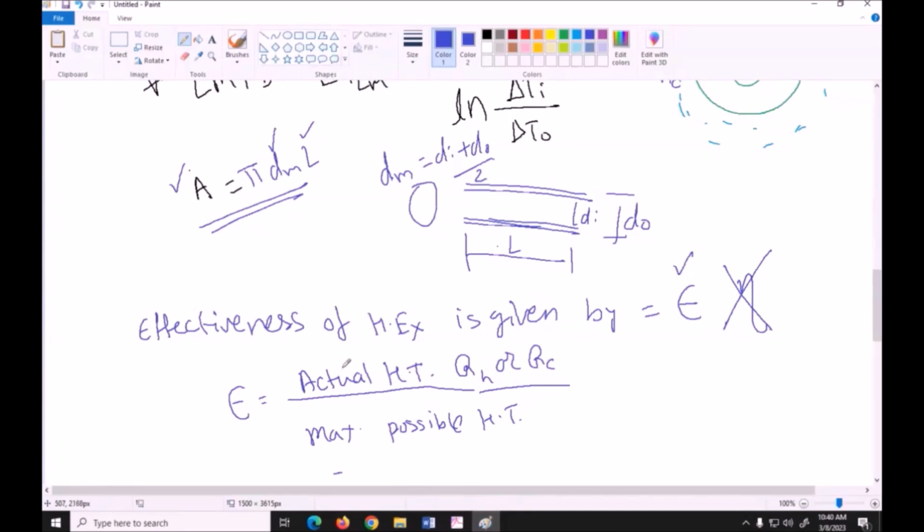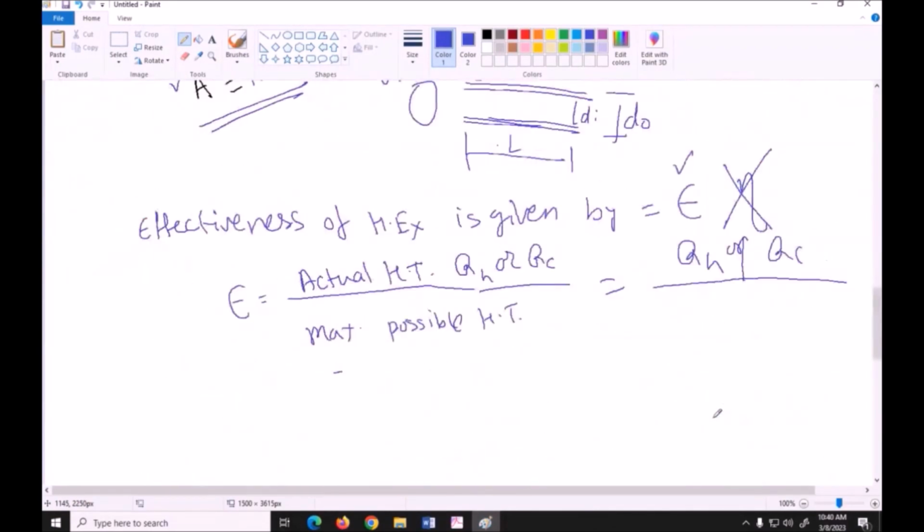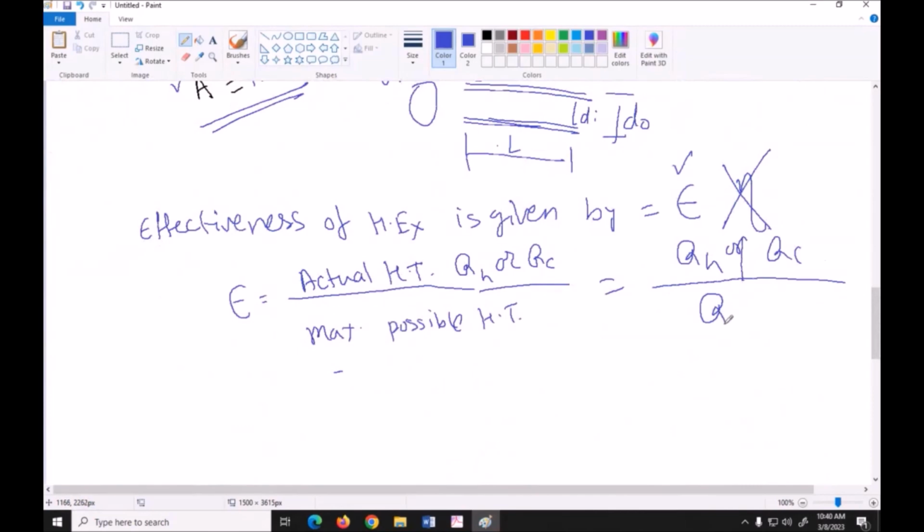What is meant by maximum possible heat transfer? I will consider Q_H or Q_C divided by Q_max. Very important. So how can I calculate Q_max?